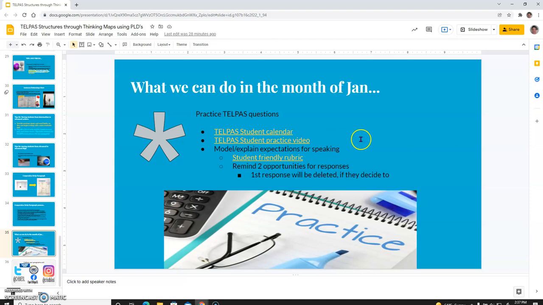And I help give them some of those reminders that sometimes we forget to give them. And then I include a student-friendly rubric that teachers can print out. And I remind them that there are always those 2 opportunities to respond, but once they delete the first one, they can't go back to it, so they do have to stick to their second one if they decide to do that. So just some helpful tips and tricks with all of this.